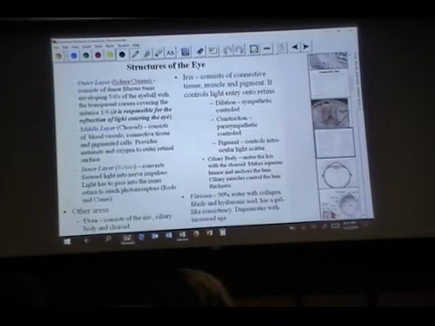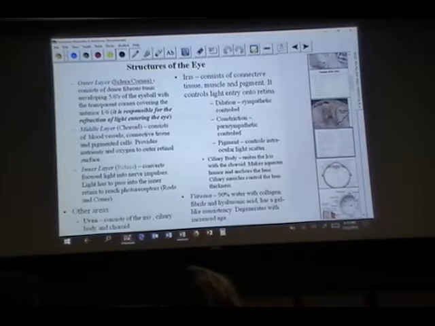So the outer layer is called the sclera, and the sclera is a very dense fibrous tunic, a covering that envelops basically 5/6 of the eyeball.